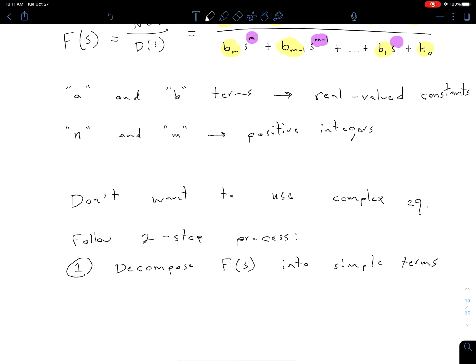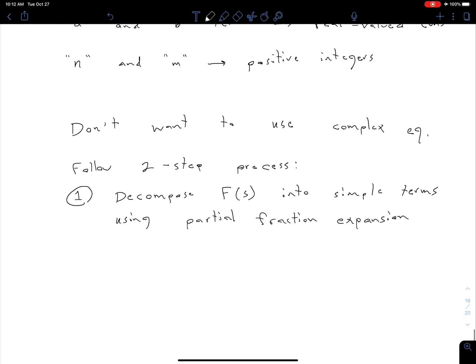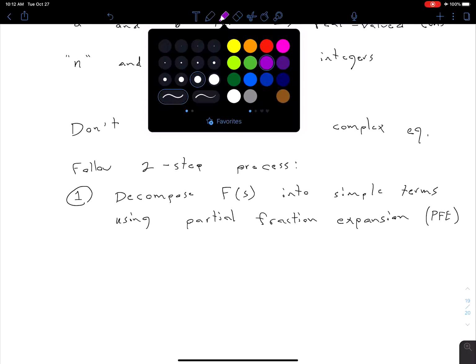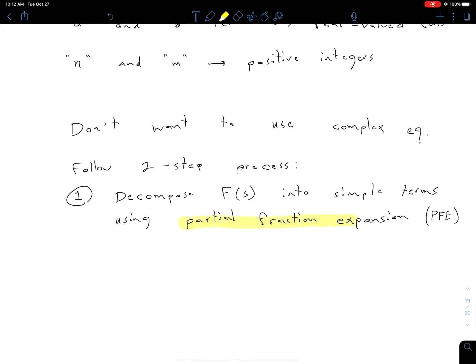And the way we're going to do that is using something called partial fraction expansion. That's what we're going to focus on in a lot of the following videos. And sometimes you'll see this abbreviated as PFE. So this is going to be the key technique for taking inverse Laplace transforms.